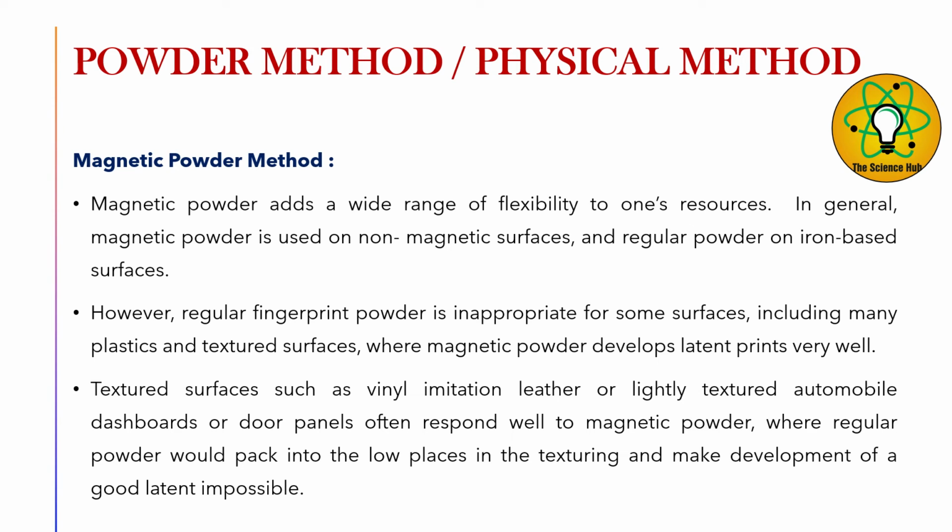Textured surfaces such as vinyl, imitation leather or lightly textured automobile dashboard or door panels often respond well to magnetic powder, where regular powder would pack into the low places in texturing, making development of a good latent impossible.